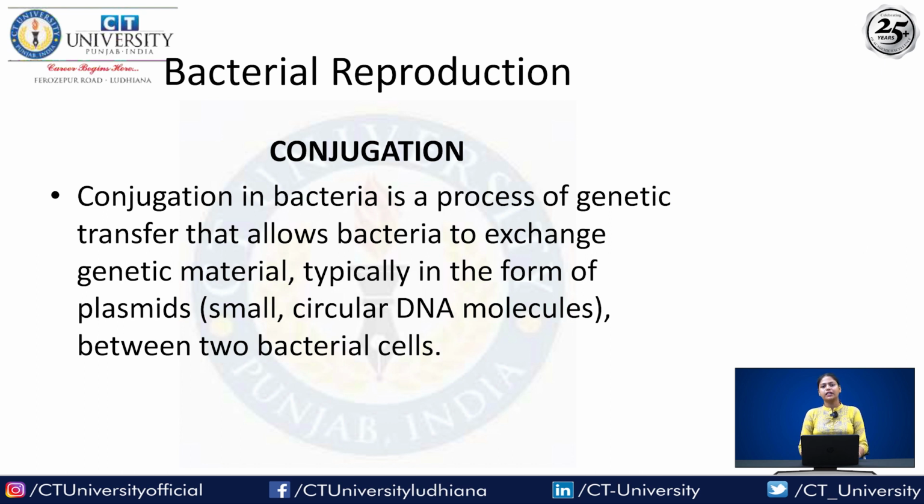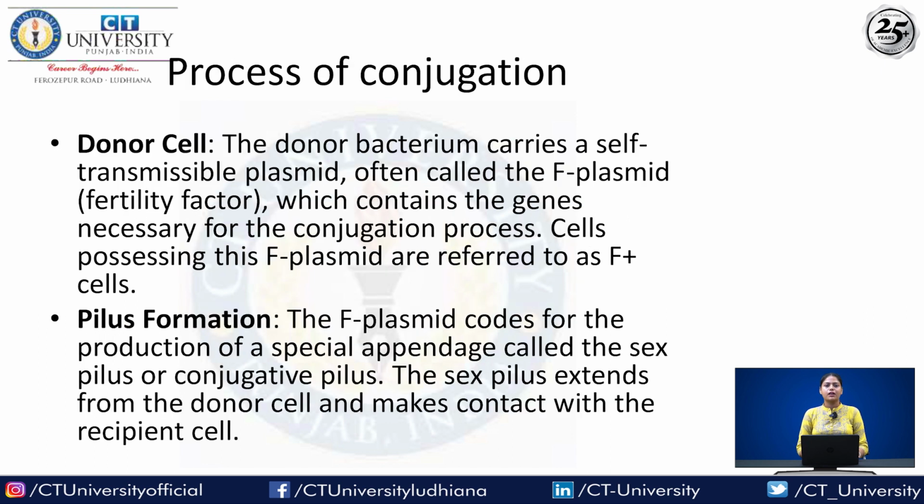Next, how bacteria are able to reproduce or divide. The main mode of reproduction is conjugation. Conjugation allows the genetic transfer of plasmid from one bacterial body to a second bacterial body. Mainly two kinds of bacterial bodies are involved. Firstly, the donor, which gives the plasmid to the recipient.